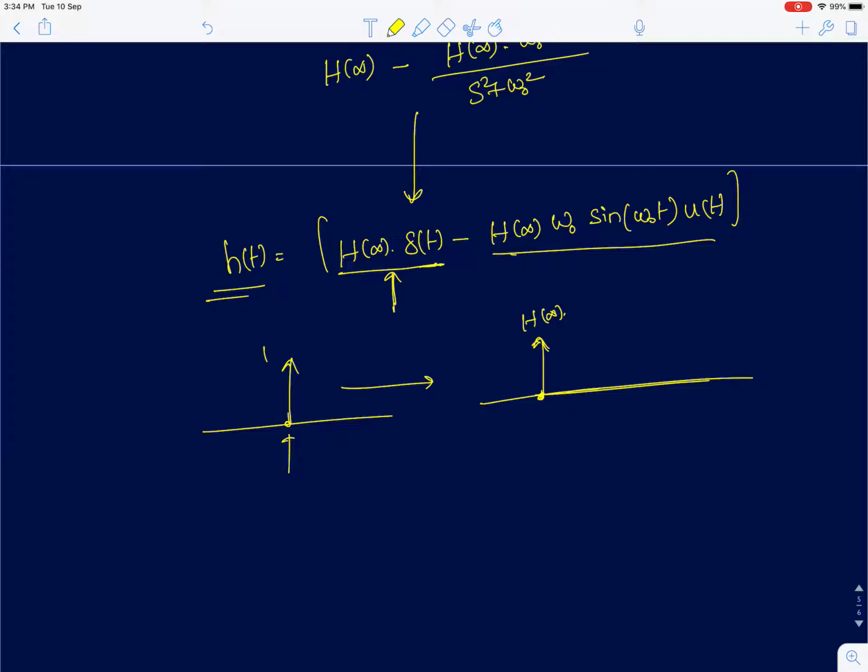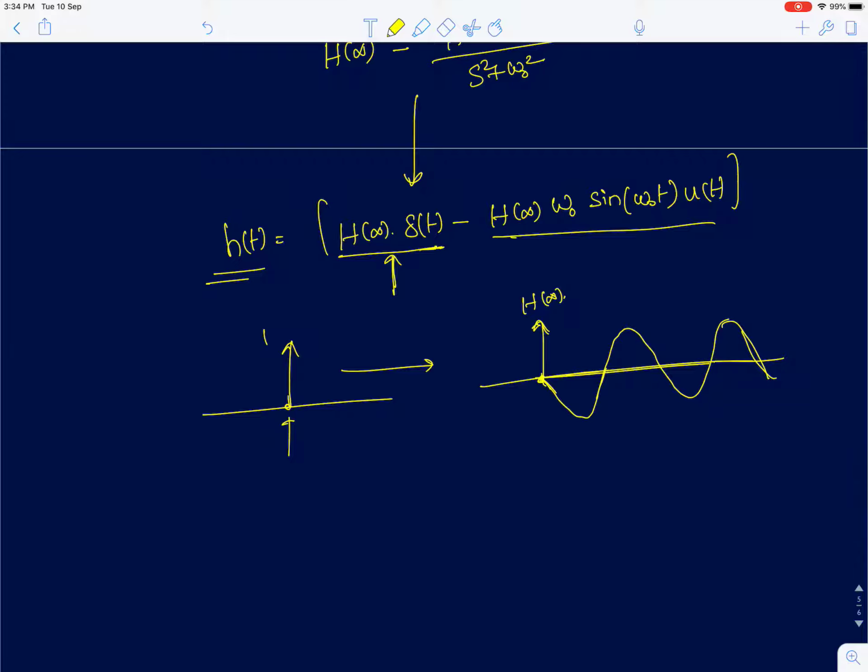If I try to plot this, it is going to be a sine wave which will go negative first and then go on like this. So this will be the impulse response for a high pass system.